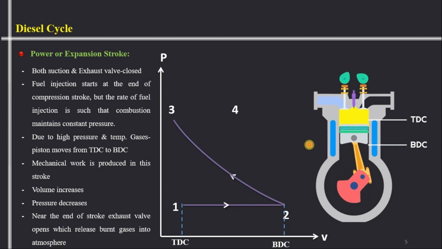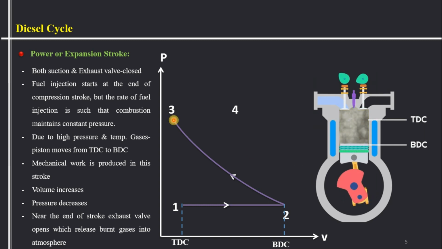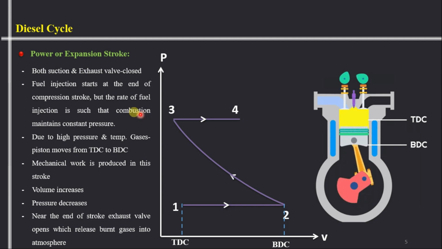Okay, so if we look at this on the PV diagram, first we have started the supply of fuel at point 3, meaning near the end of the compression stroke. And we have mentioned that the rate of fuel injection is such that combustion maintains constant pressure.